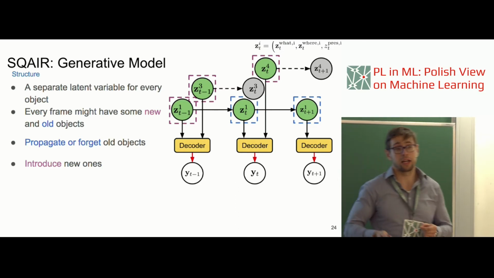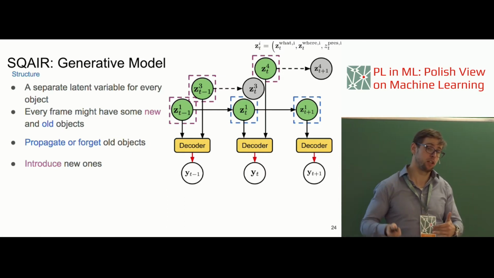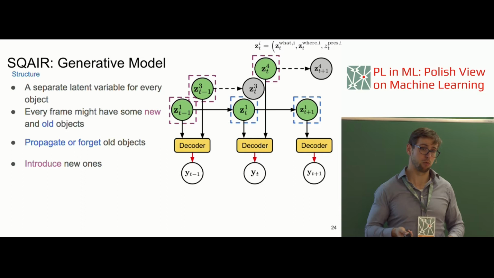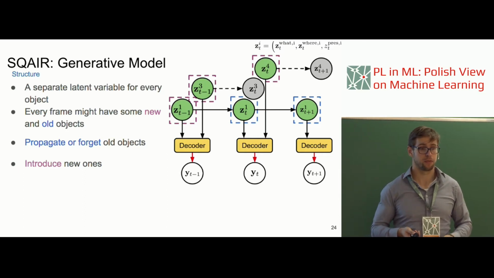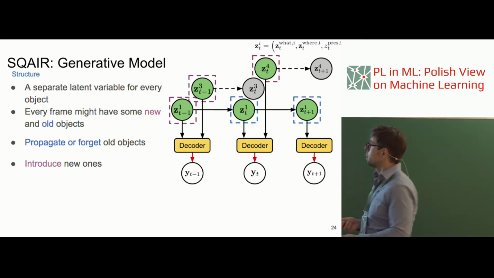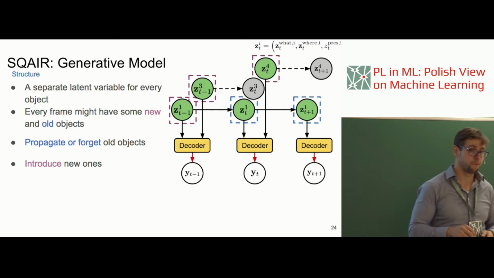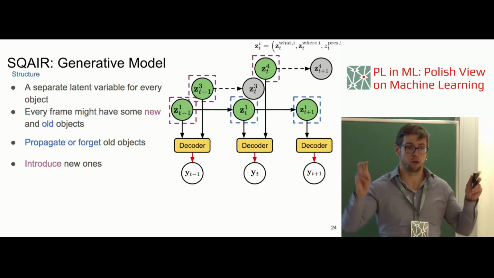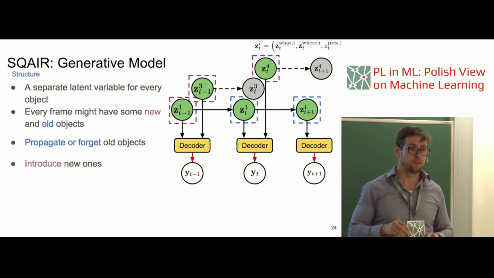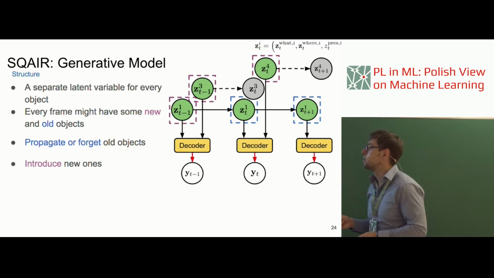Yes, in that case, it can choose to forget the object, and then it will discover it as a new object, which often happens. This is in this particular setup, and this is because we just model whether the object exists or not. Alternatively, we could model the probability that the object is still there, and that could fix it effectively, but we haven't investigated.